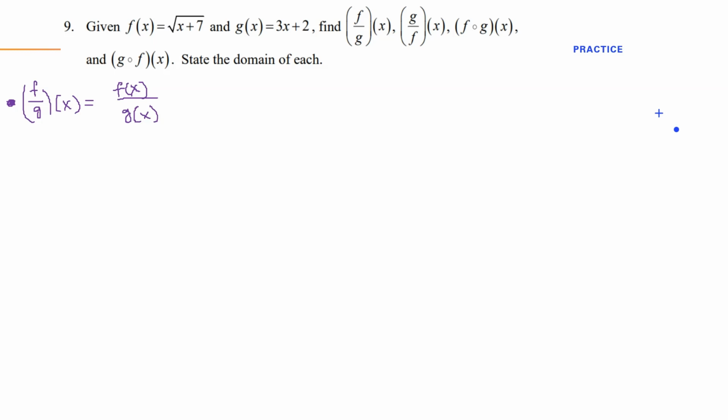That is the restricted value for g of x. So g of x has to be different from 0. Okay, now we will write f of x is the square root of x plus 7, divided by g of x, which is 3x plus 2.